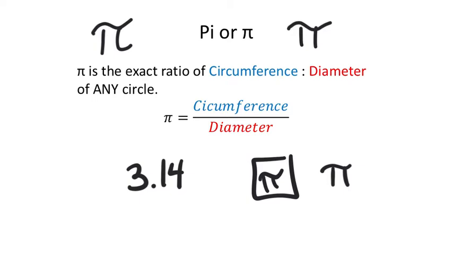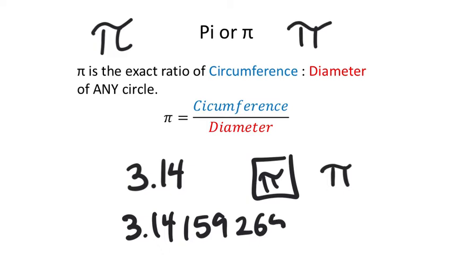Now, if you wanted the decimal, which is usually what we're going to be seeing, I already have pi written on my calculator. All I've got to do is push the double arrow button that's immediately above the enter button. When I do, my calculator now shows me a lot more decimal places than I have memorized. 3.14159265 and so on. Now there are more decimal places to this, but that's as many as the calculator will show me right now, okay?